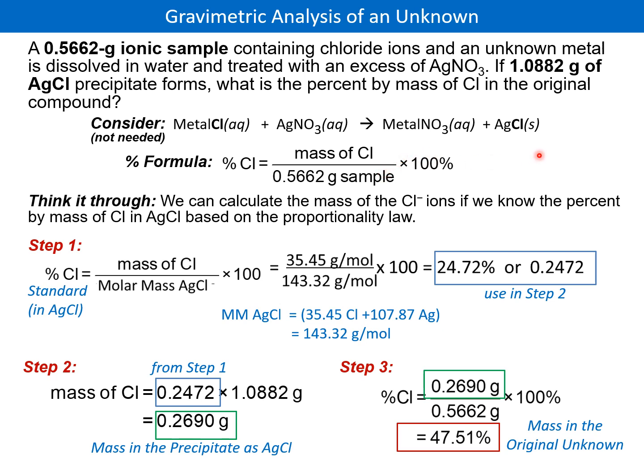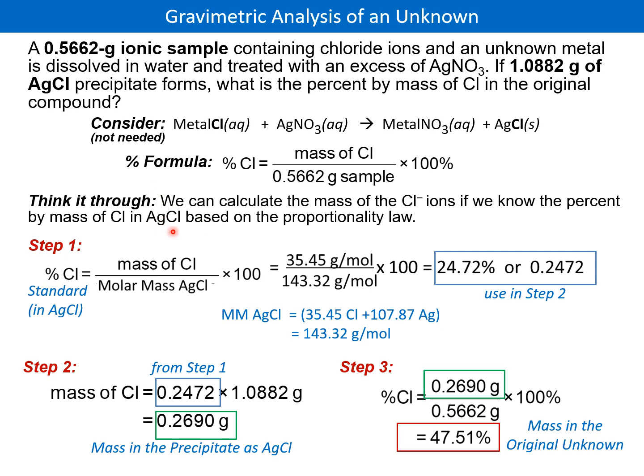Therefore, if we think this through, we can use the mass of the known silver chloride to calculate the percent chlorine in a standard silver chloride compound and use that information to back calculate, if you will, the amount of chloride in the ionic sample.